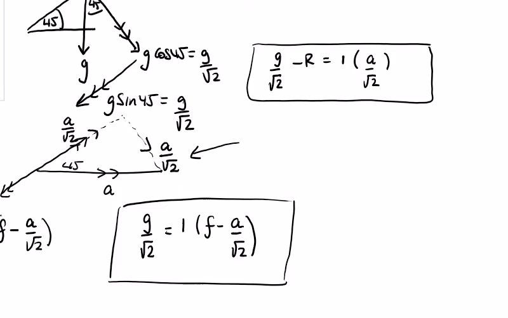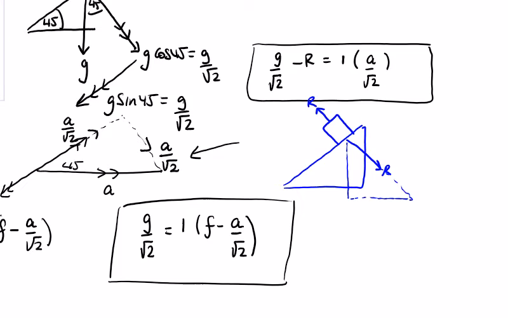So now let's look at my wedge. And the forces on the wedge, R in that direction. So I'm going to bring my R down in this direction. I'm going to create my right angle triangle going in this direction, where R is my hypotenuse.